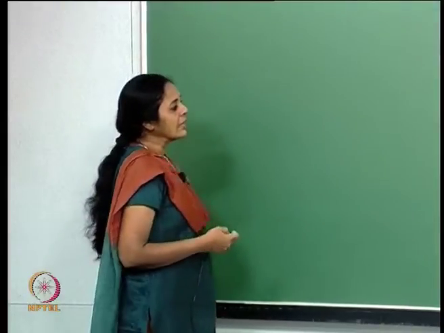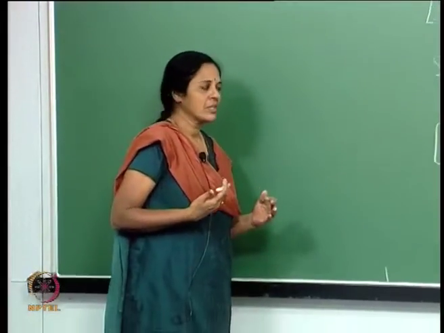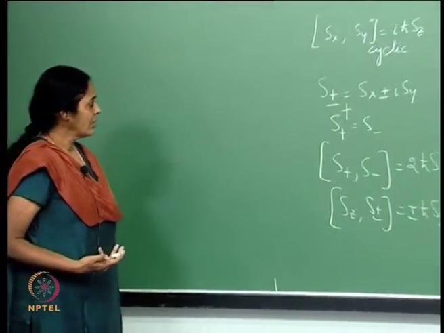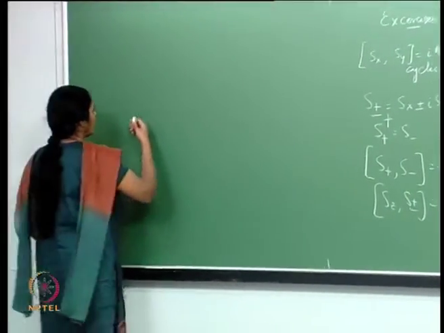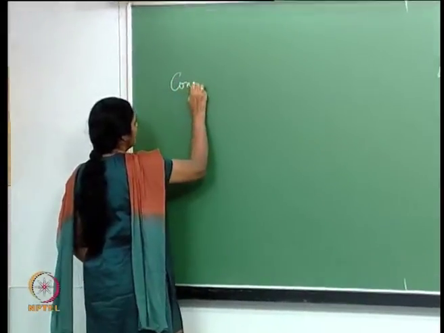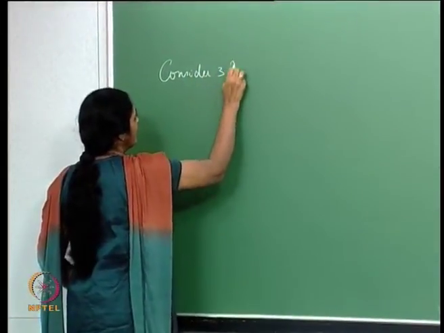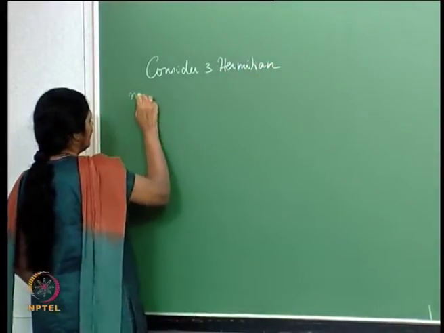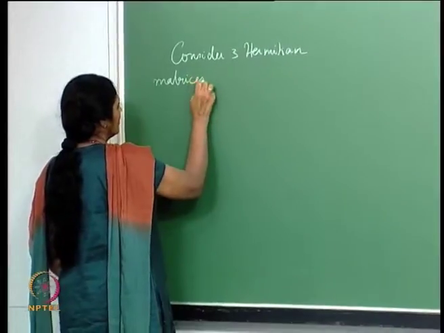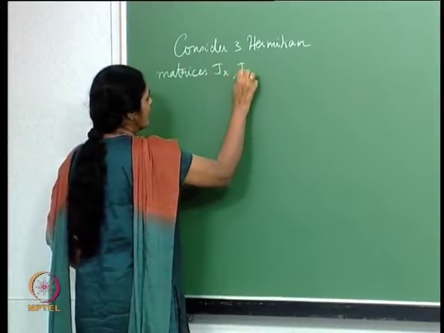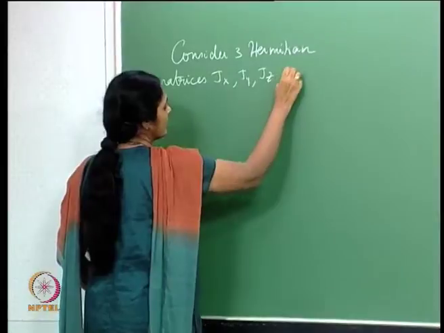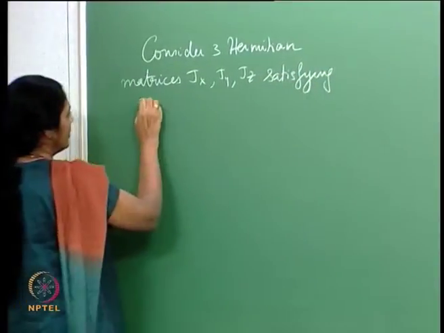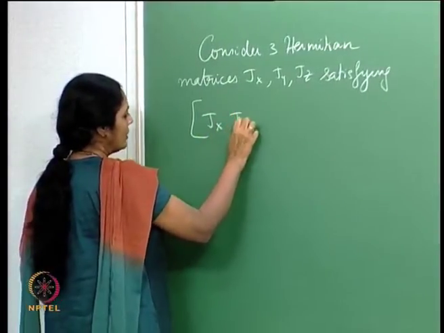We know that the orbital angular momentum components Lx, Ly and Lz also satisfy this relation, and therefore, in general, consider 3 Hermitian matrices Jx, Jy, Jz satisfying the Lie algebra.